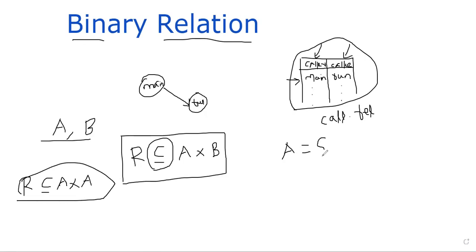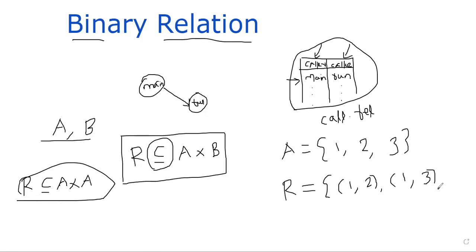Let's say A is made of elements 1, 2, 3, and I'm going to define R as follows: (1, 2) as a pair, (1, 3) as another pair, (2, 3) as another pair. As you can see, R is clearly a subset of A times A. What is A times A? A times A means (1, 1), (1, 2), (1, 3), (2, 1), (2, 2), (2, 3), (3, 1), (3, 2), (3, 3). So you can visualize it like this.